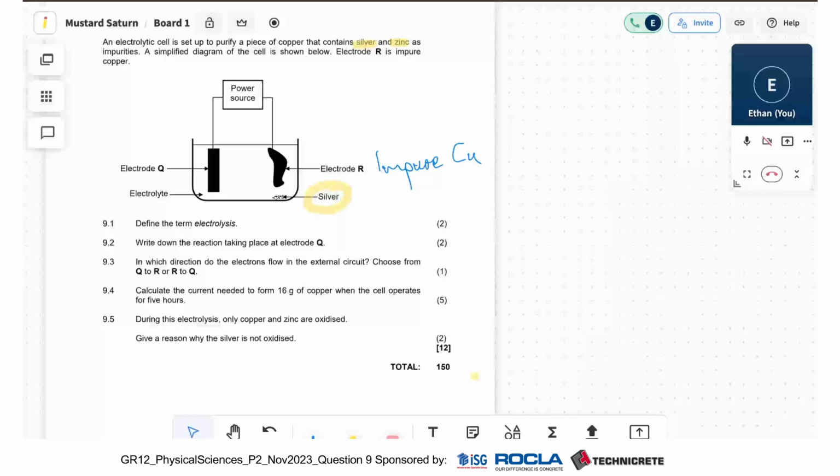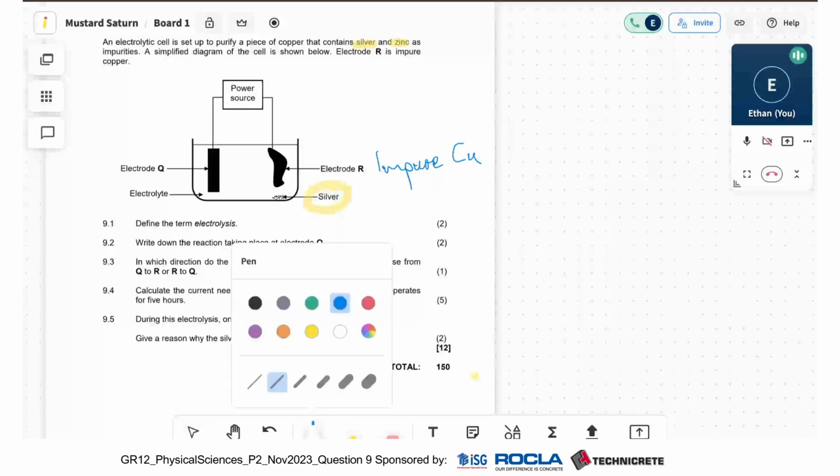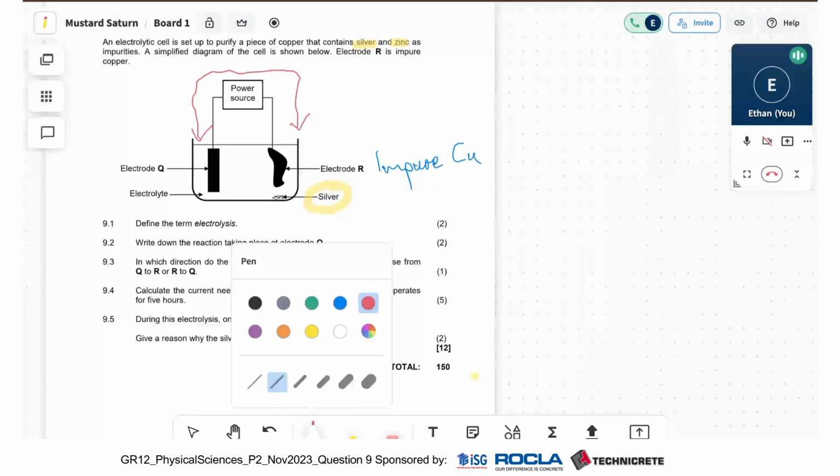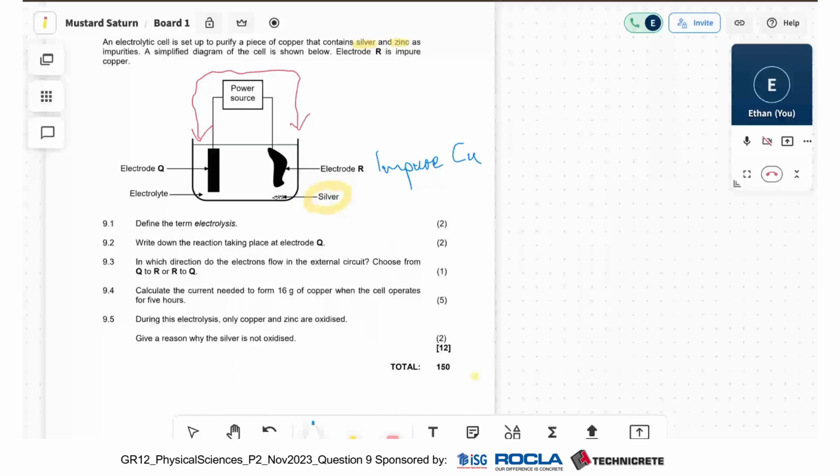9.3. In which direction do the electrons flow in the external circuit? Choose from Q to R or R to Q. So, which way are our electrons flowing? This way or this way? Now, we've just said that at electrode Q, we have a reaction whereby electrons are being gained. So those electrons have to come from somewhere.